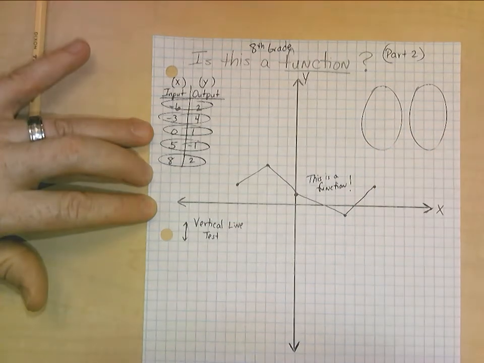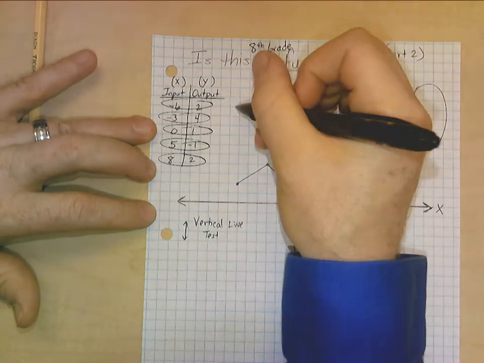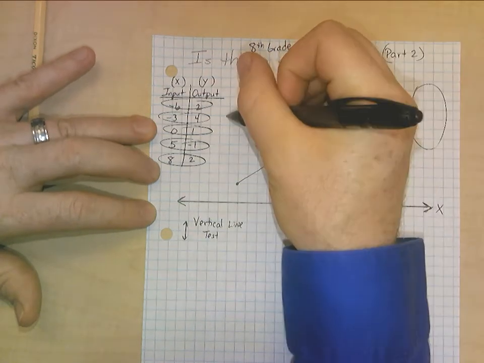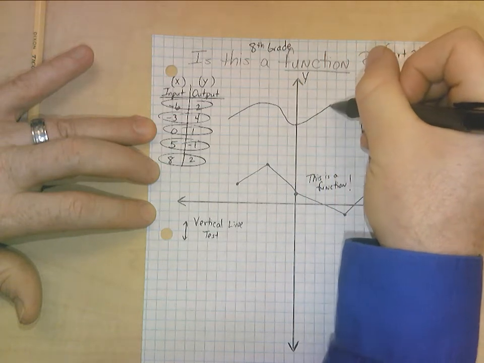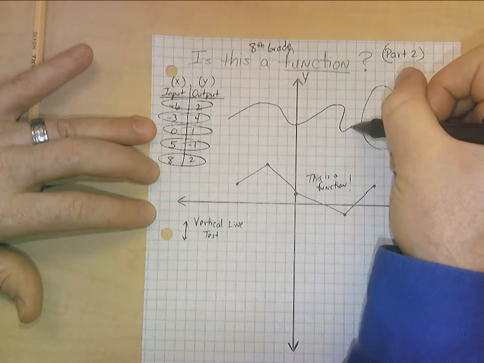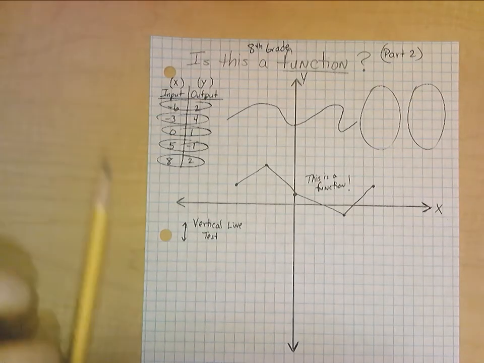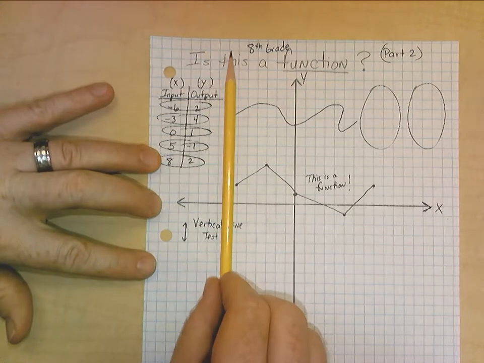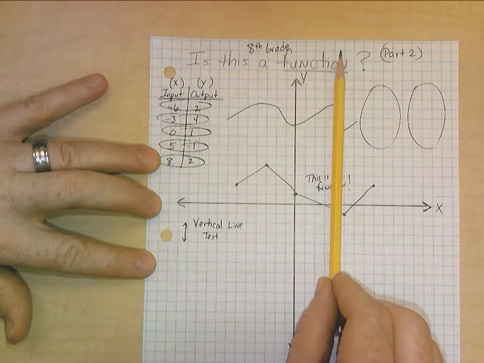An example that does not pass a vertical line test would be maybe something like this. Let's say I have something like this. This would not pass the vertical line test. It would pass it here until you got to about this point here.